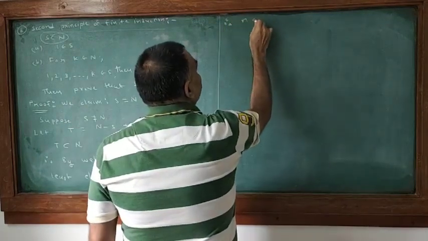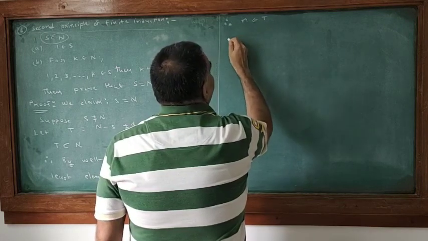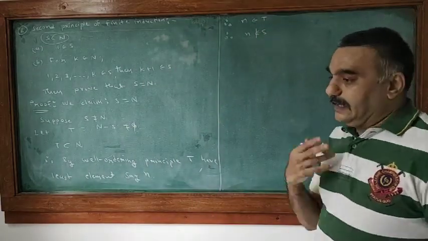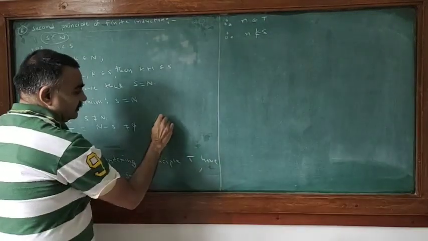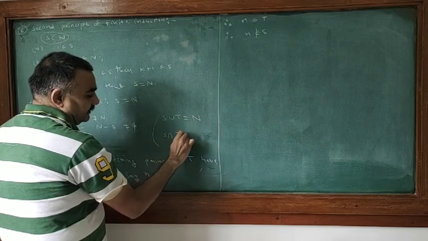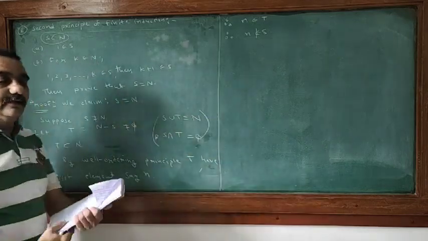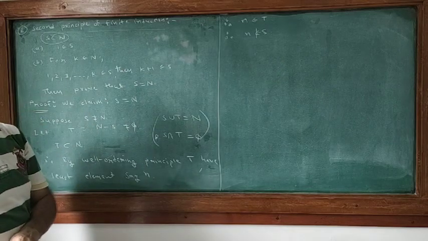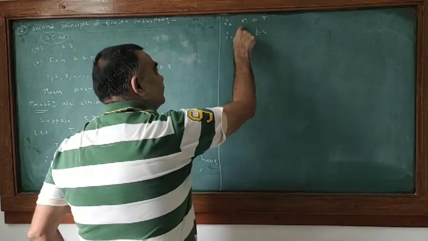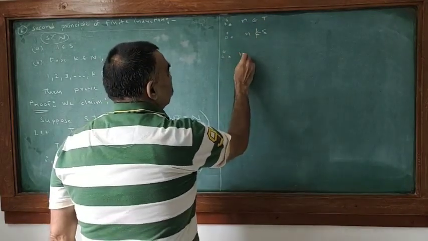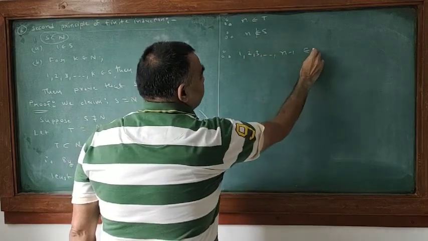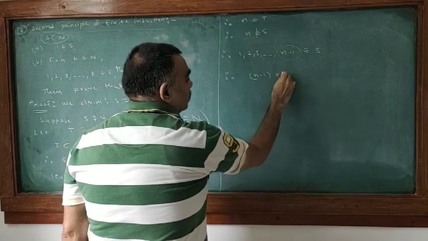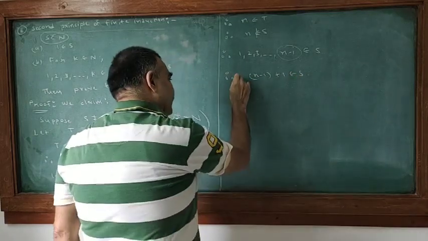Therefore n is in P. Therefore n is not in S, because as I said earlier, by definition S union P is N and S intersection P is empty. Something not in P means it is in S. Now this is the least element in P. Therefore there is no element less than n belonging to P. Therefore 1, 2, 3 up to n minus 1 belongs to S. As n minus 1 belongs to S, n minus 1 plus 1 belongs to S, and this is n.